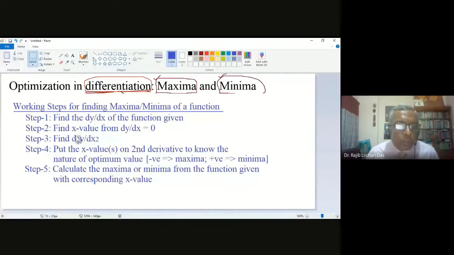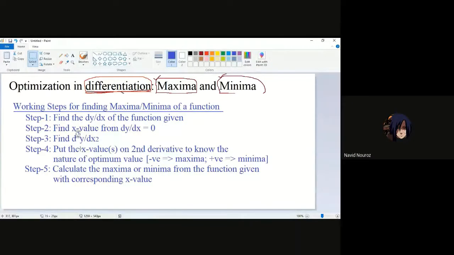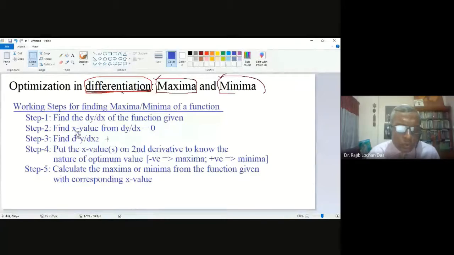You have copied already? Yes, sir. Good. So it is d2y dx2. I am just making it clear. So let me now erase this and then do some example problem. Does anyone have any question?